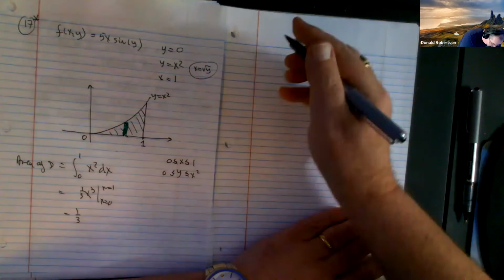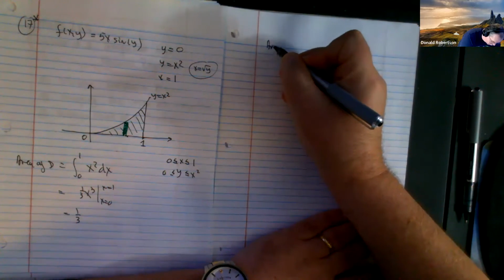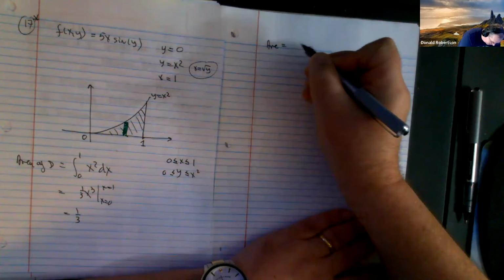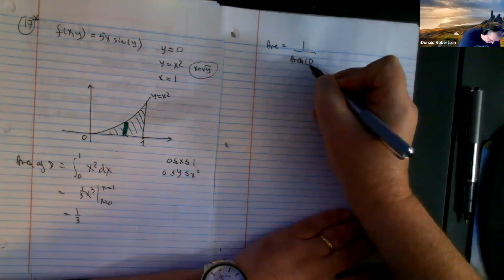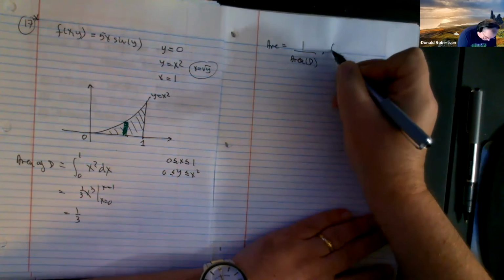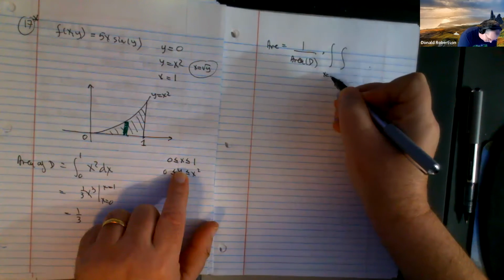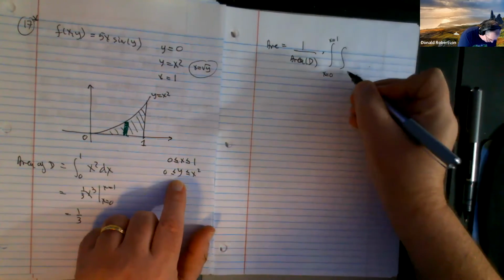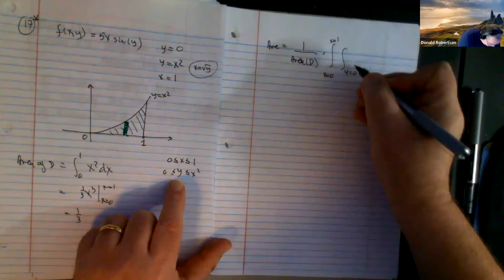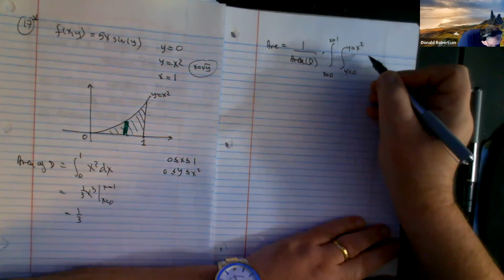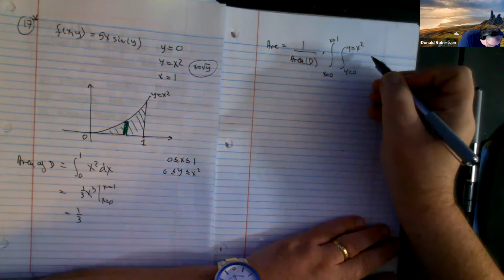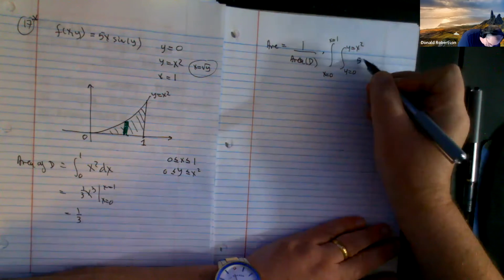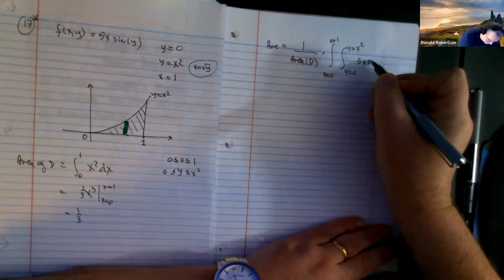So the average value is 1 over the area of D times the double integral. In this case, I'm going to go x from 0 to 1, and I'm going to do y equals 0 to x squared, and I'm going to do 5x sine y.